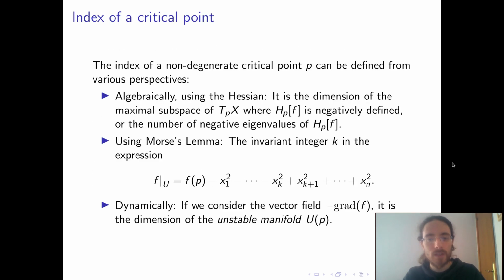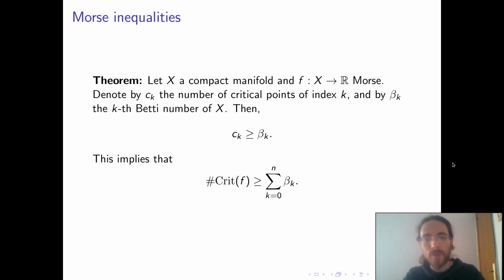Because here, beta sub k is the topological information, the dimension of the kth simplicial homology group. And c_k is the number of critical points of index k.